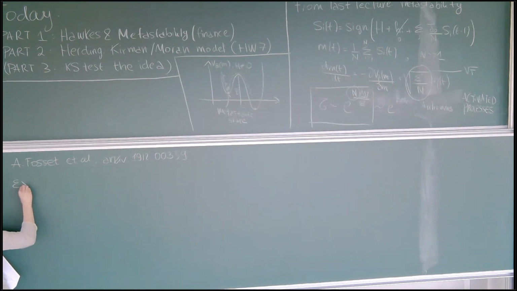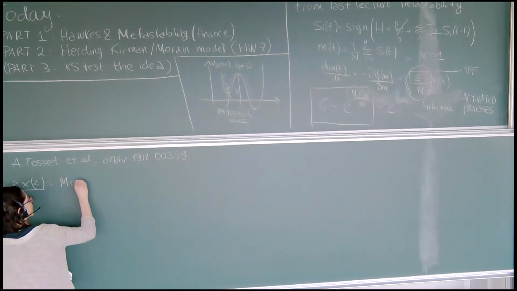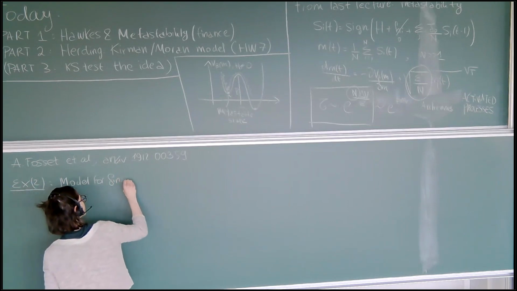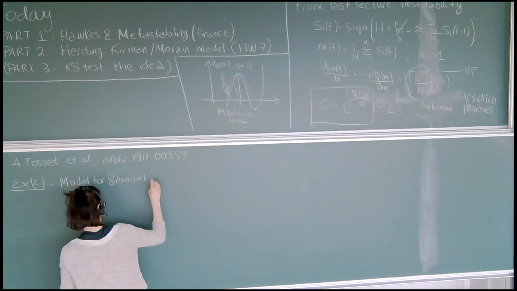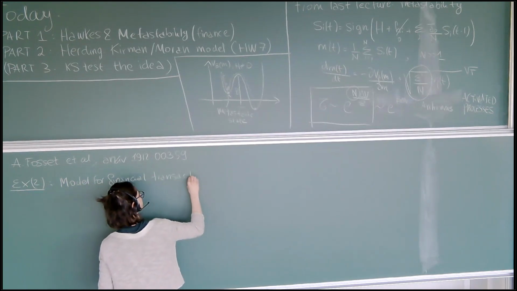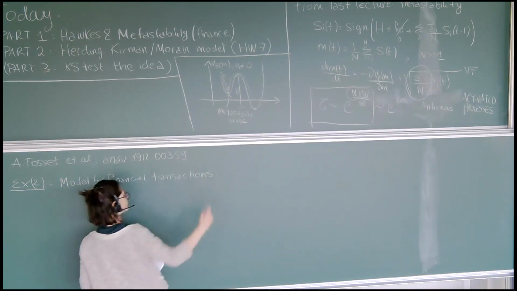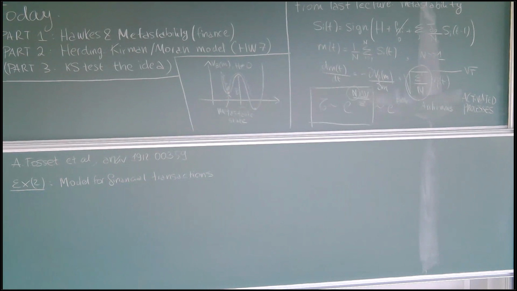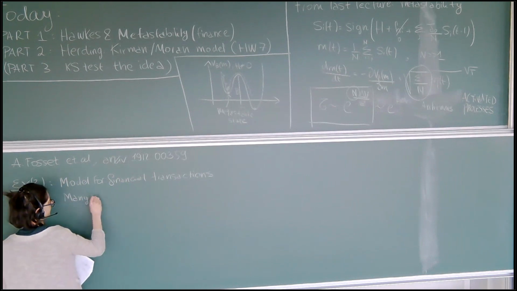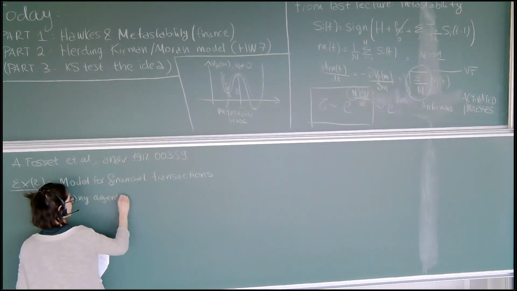So let's introduce the model then. As I say, this is a model for financial transactions. So what does it mean? Well, what it means is that as usual, you have many agents.